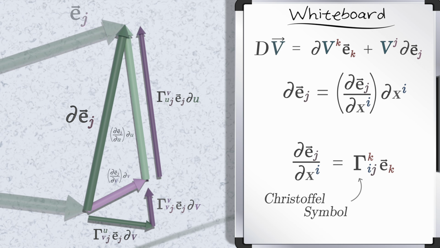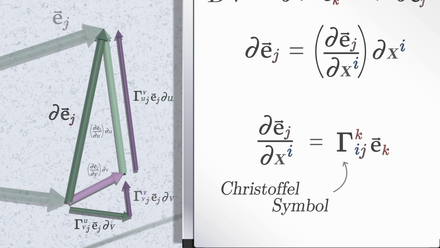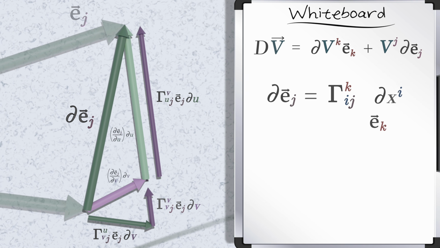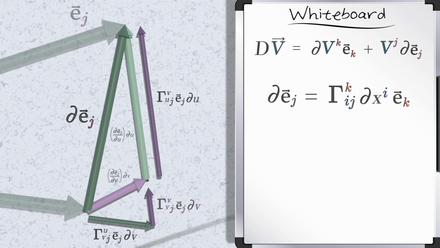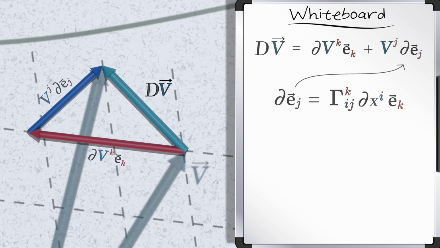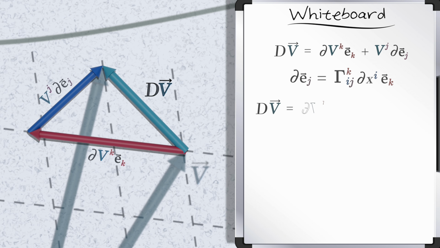Now, substituting this definition of those Christoffel symbols into the equation for dej above yields dej equals gamma^k_ij dxi ek. Substituting this in turn back into our main expression yields dv equals dv^k ek plus v^j gamma^k_ij dxi ek.